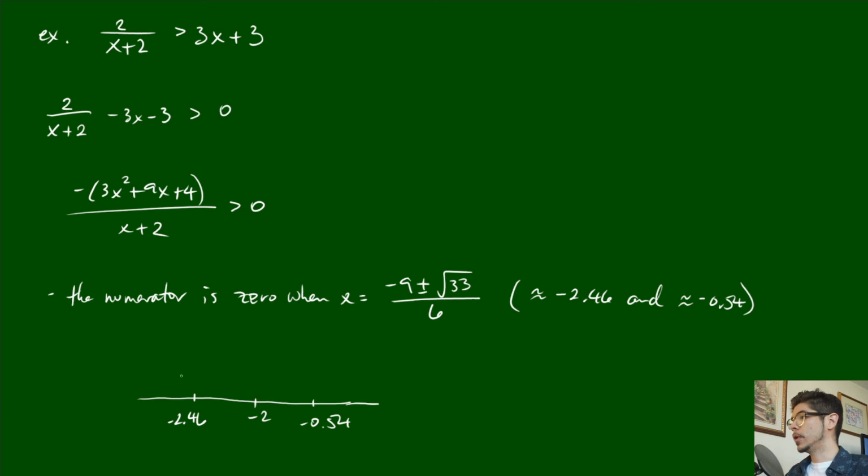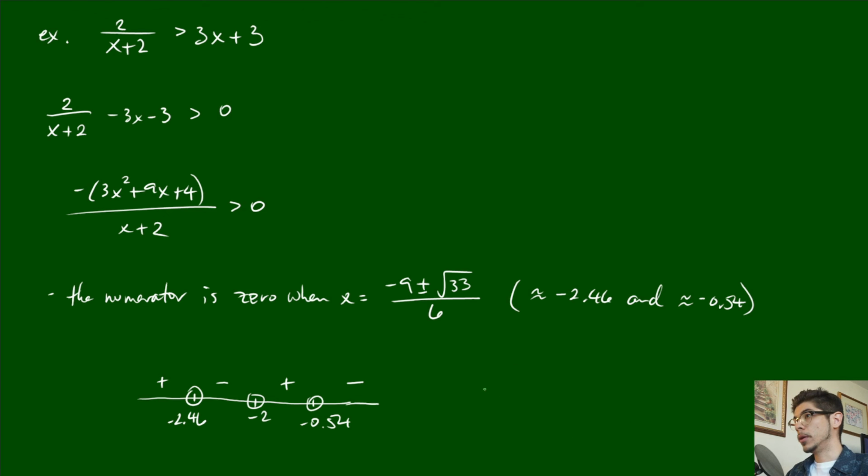You should have the following signs above the intervals. You're going to draw the circles. Since you're asking for greater than and not greater than or equal to, you're not including any of the split points. Looking at where the positive symbols are located, it's going to give you the following solution.